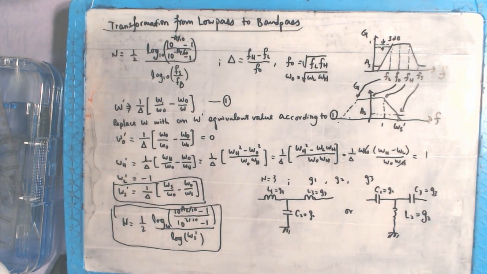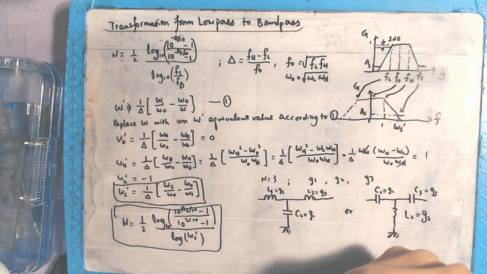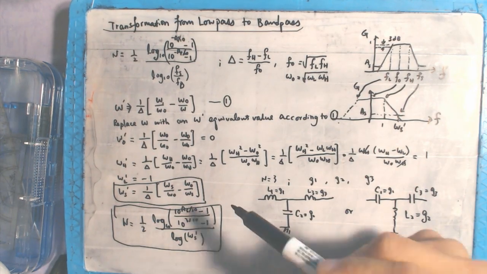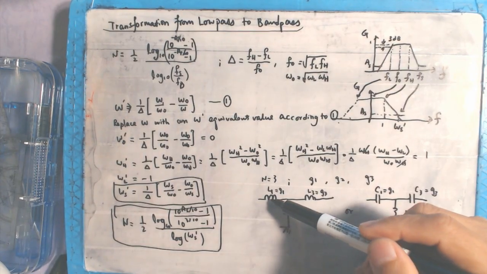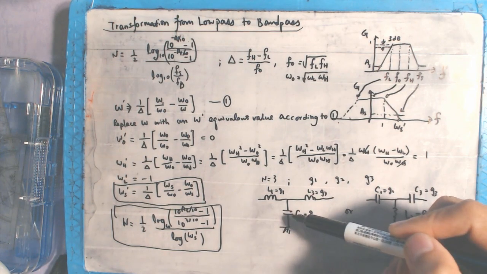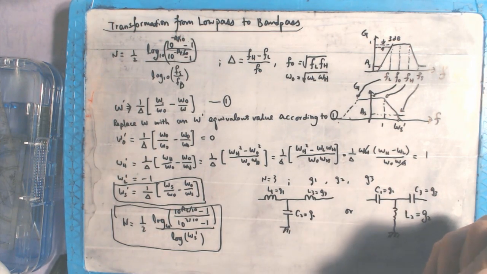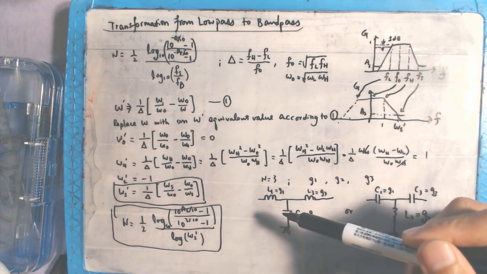But how about bandpass? This is the question. And the hints come from the frequency transformation. You are going to use frequency transformation to find an equivalent impedance for the series inductor and the series capacitor, and this is your job. And by doing this, you will end up with a bandpass filter.